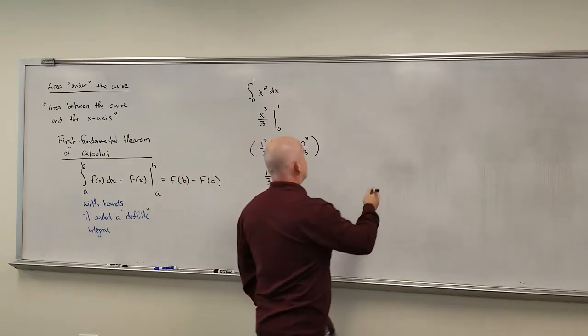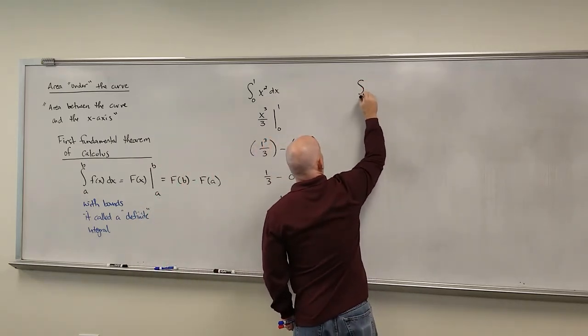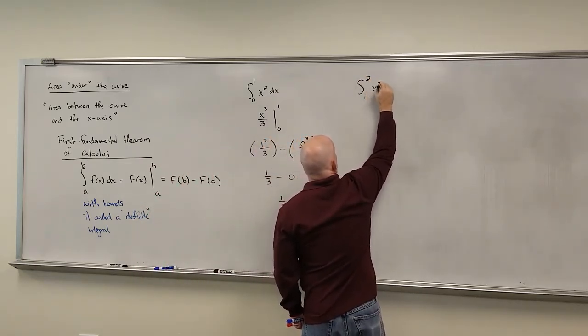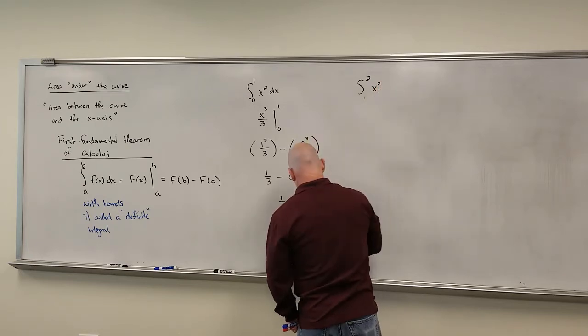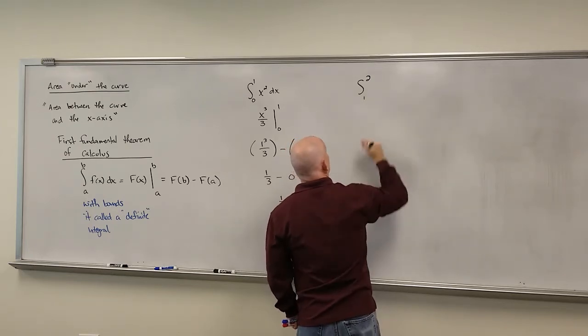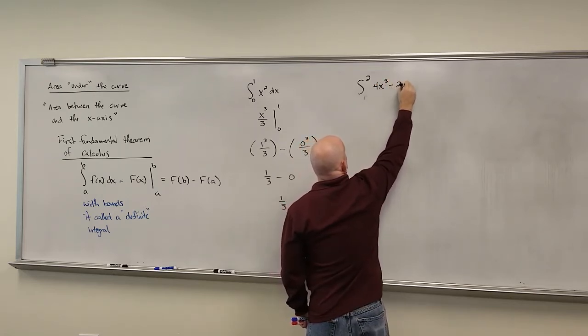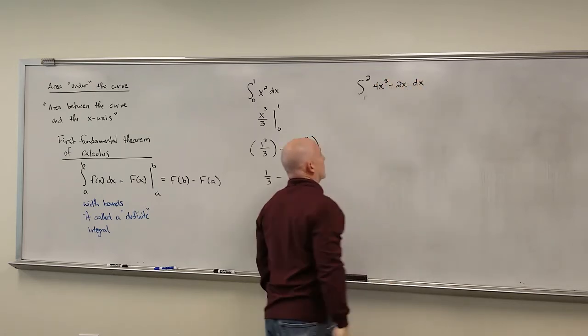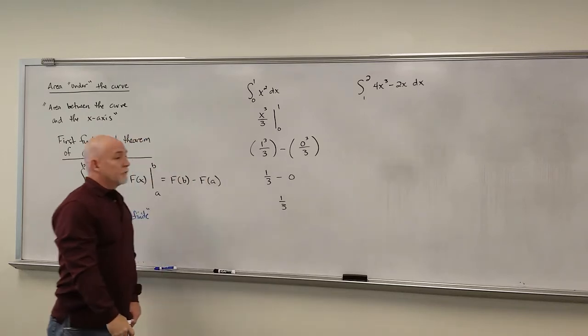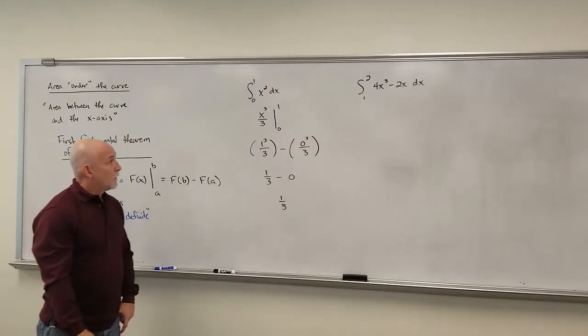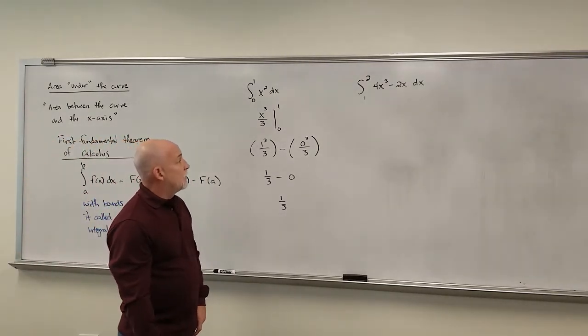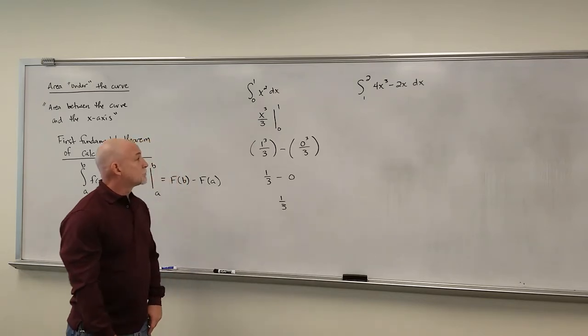What if I said, what's the integral from 1 to 2 of 4x cubed minus 2x? So this will be a little bit more difficult. But again, we have bounds, so this is called a definite integral.